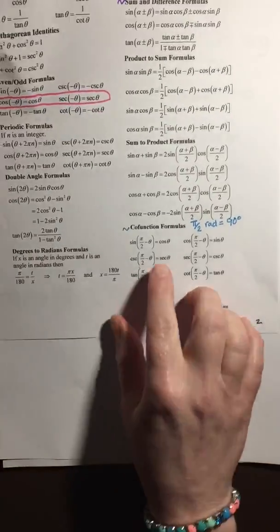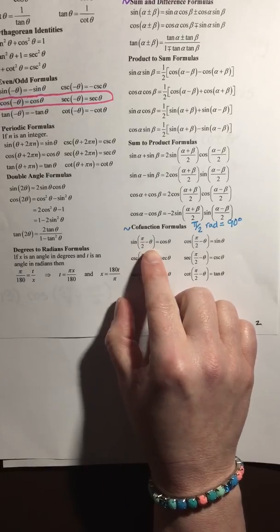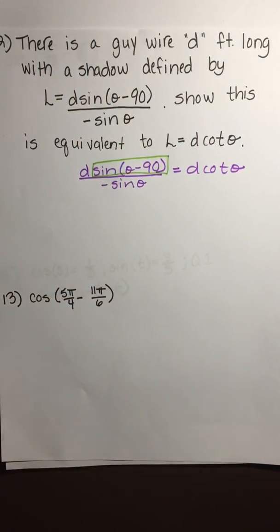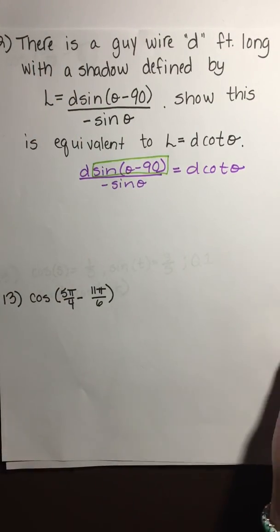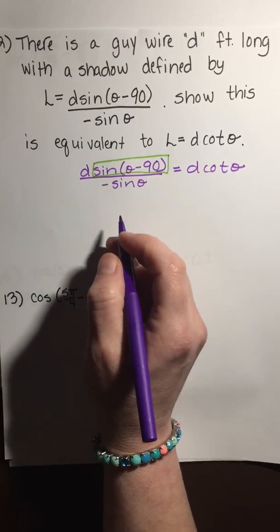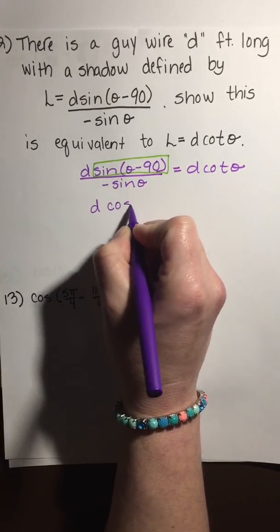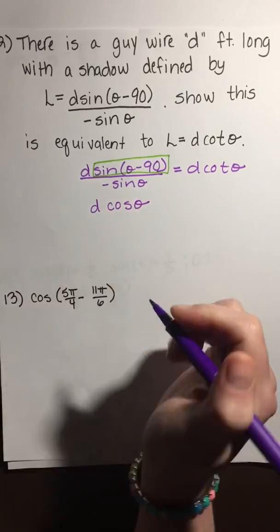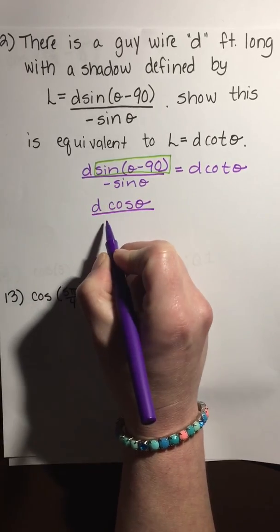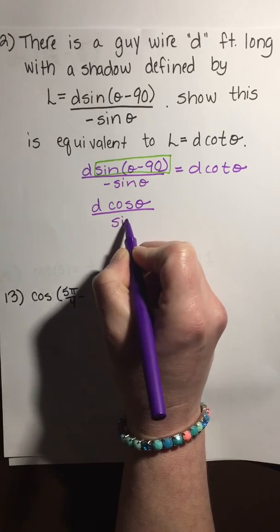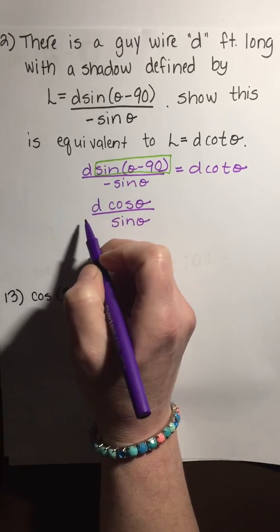So right down here, look, the sine of pi over 2 minus theta, flip-flopped around a little bit there. So I can think of this as d times the cosine of theta over the sine of theta.